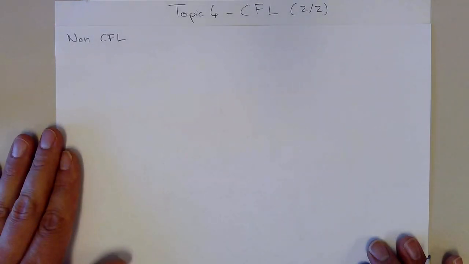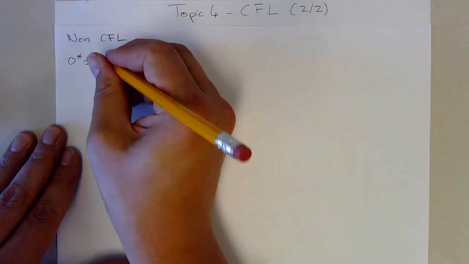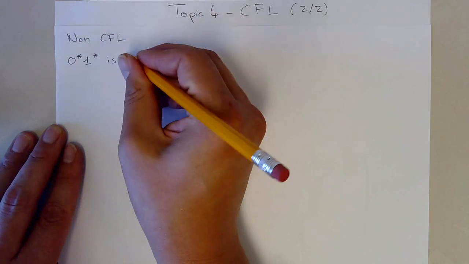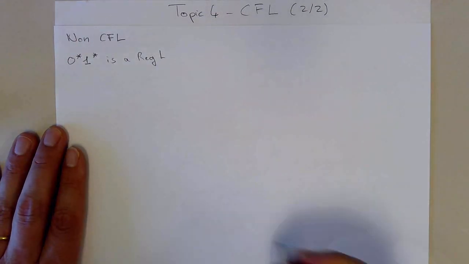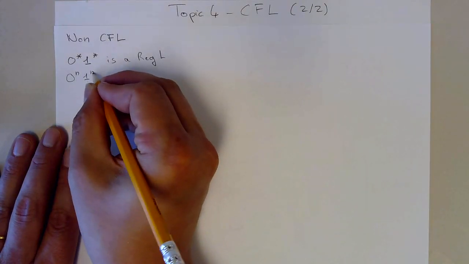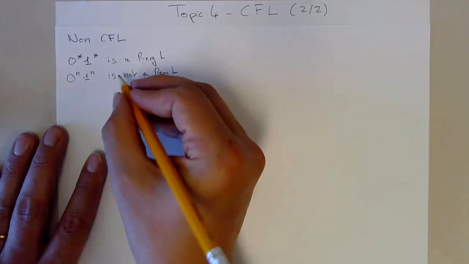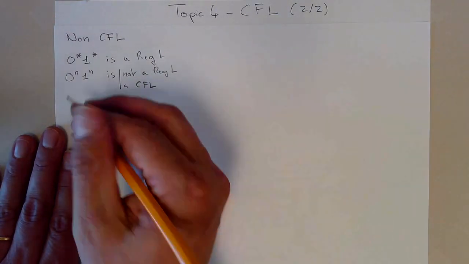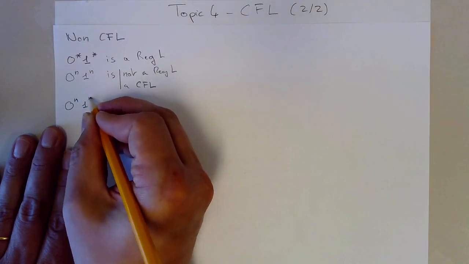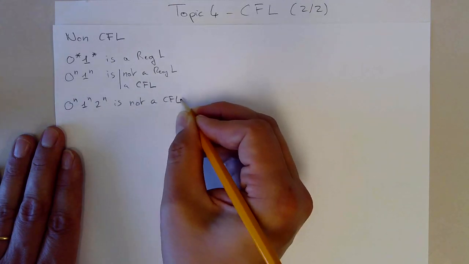If you remember, we said that 0 star, 1 star is a regular language. But we said that 0^n 1^n is not a regular language. It is a context-free language. Remember that. Now we can show that 0^n 1^n 2^n is not a context-free language.